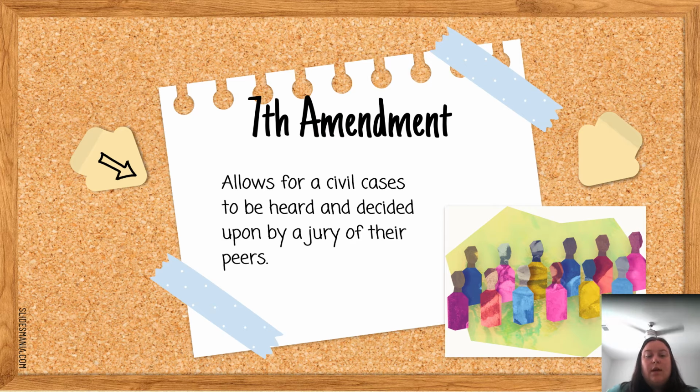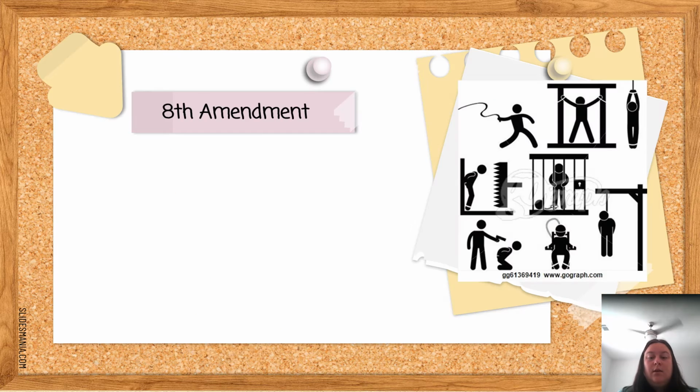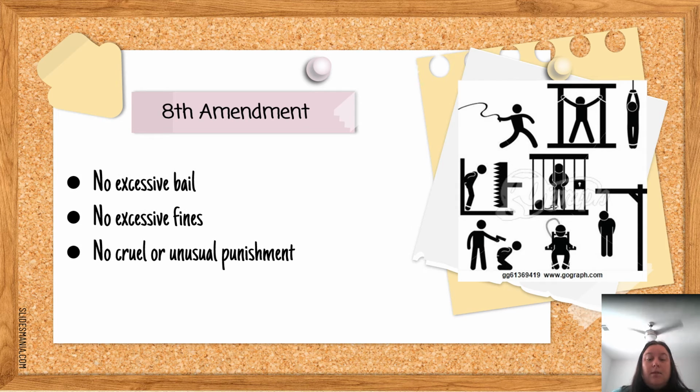So just make sure that the students understand the difference between the two of them when you're moving forward with the lesson. Then we move to the Eighth Amendment, which also follows in line with 6th and 7th. So it would be a good way to help students know what's going on for the 6th, 7th, and 8th Amendments.